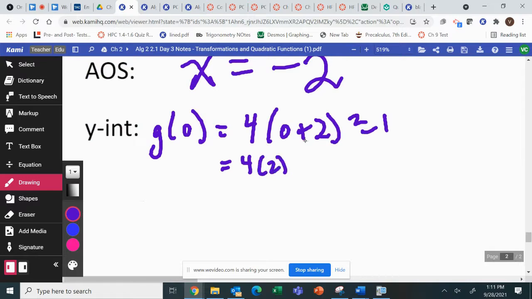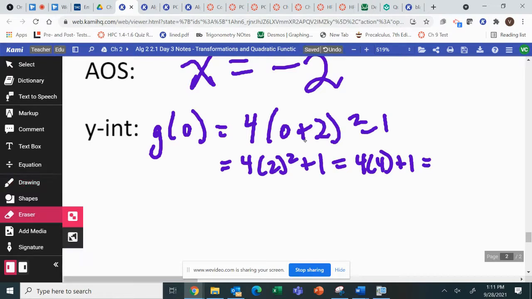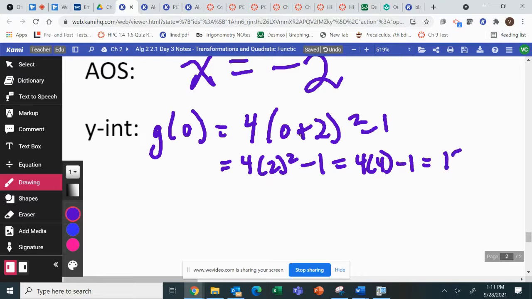So 4 times 2 squared minus 1, which is 4 times 4 minus 1. Oh, it's not plus 1, it's minus 1. Sorry, I copied the wrong thing. There we go. 17. No, 15. I really want it to be the other way. 15. And then we write that as an ordered pair, 0, 15.